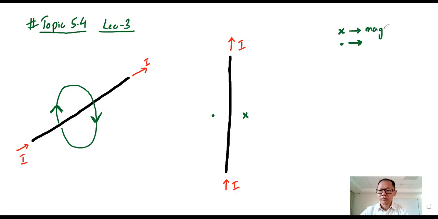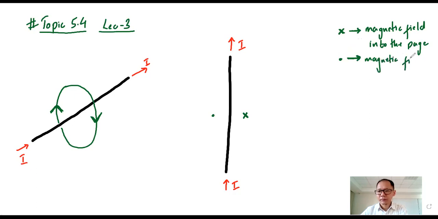So this is the magnetic field into the page. Let me move this a little here. And the second one would obviously mean the magnetic field out of the page.